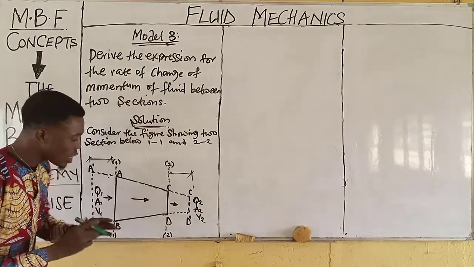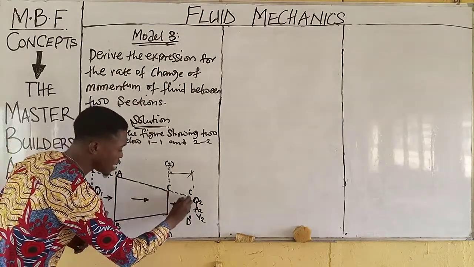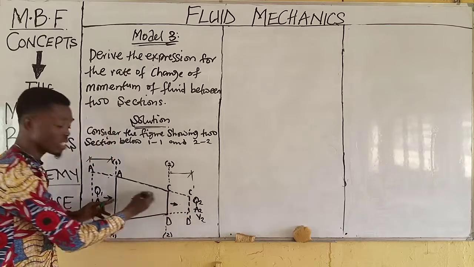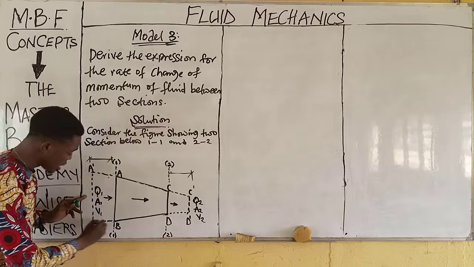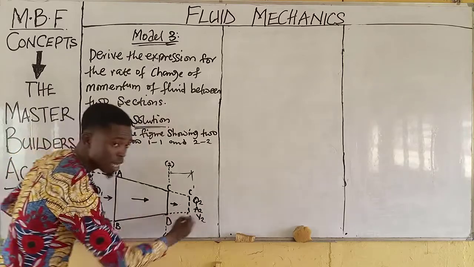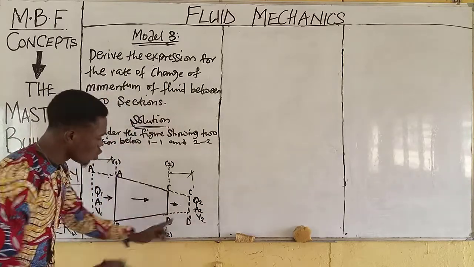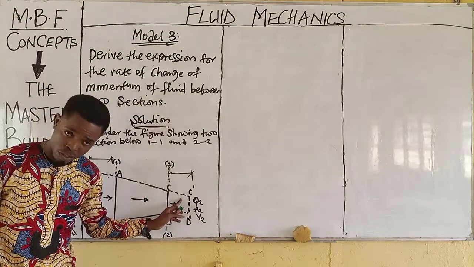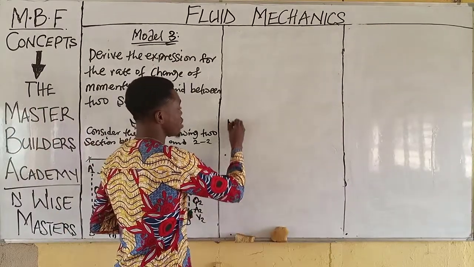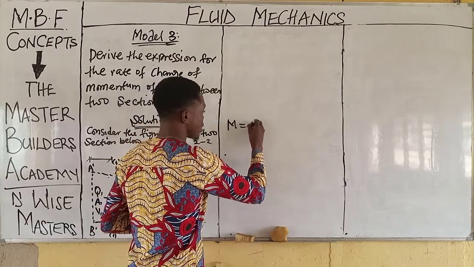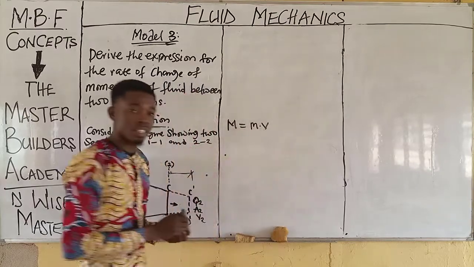Now, all that we need to do is to focus on this elemental sheet, not this main section. Similarly, at section 1, we will focus on this elemental sheet. So all we really need to do is to get the mass of this section and the distance. Now we know that momentum is equal to mass times velocity.